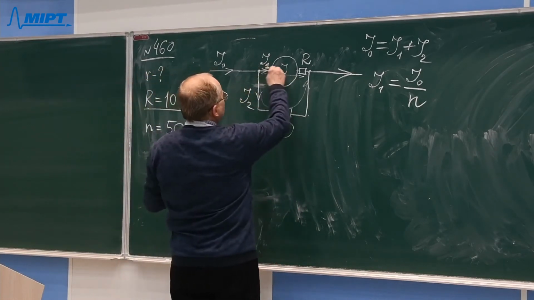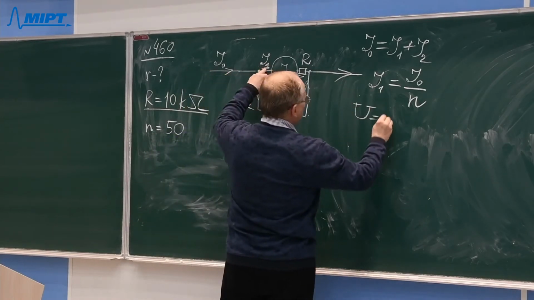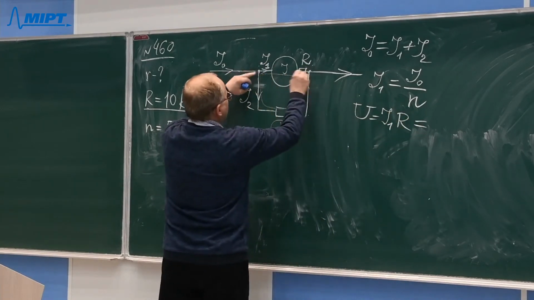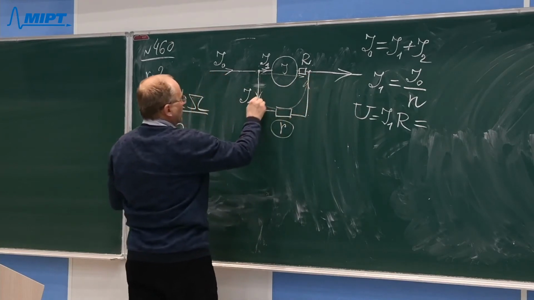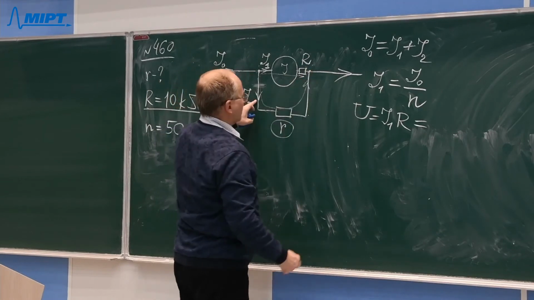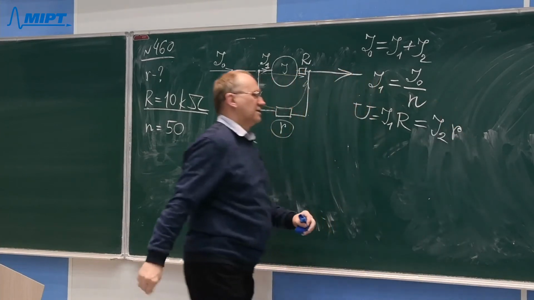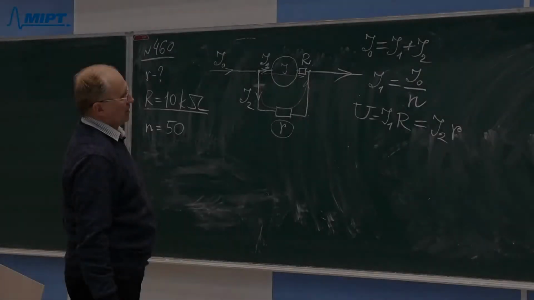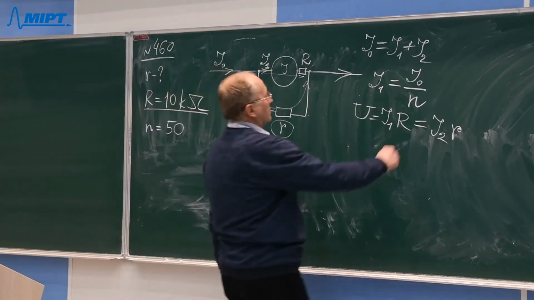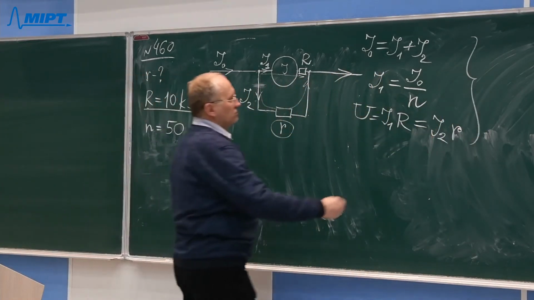If we consider current I1, then the potential difference on the galvanometer will be equal to I1 times capital R. But if we measure the same potential difference considering current I2 and the lower section in this circuit, then it will be equal to I2 times small r, the resistance of the shunt. So we have all the necessary physical laws, all the necessary equations to calculate the unknown resistance r.